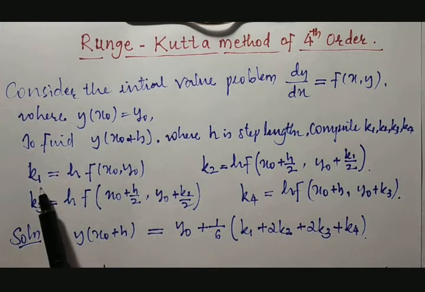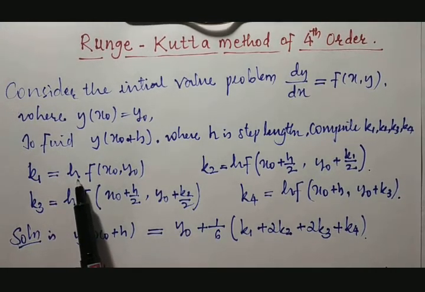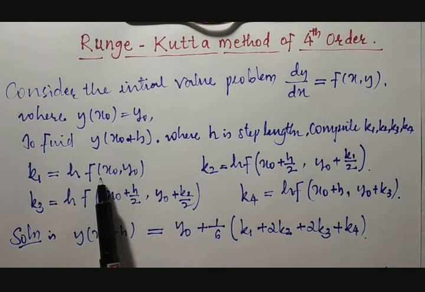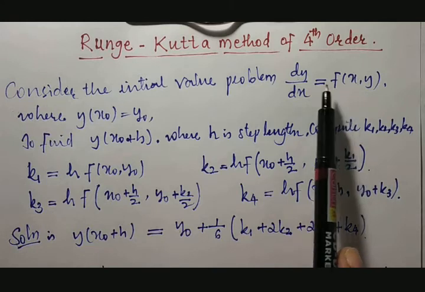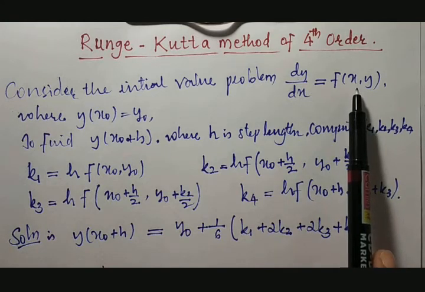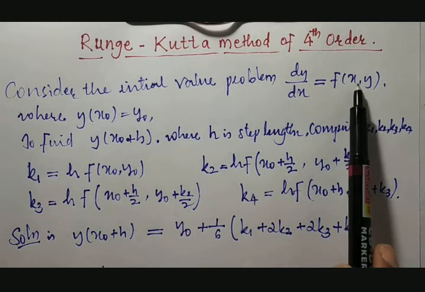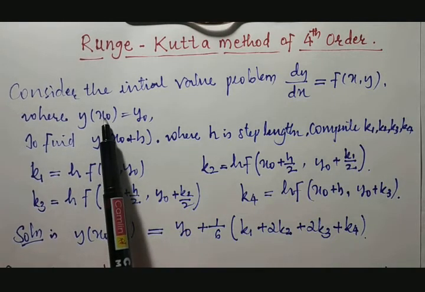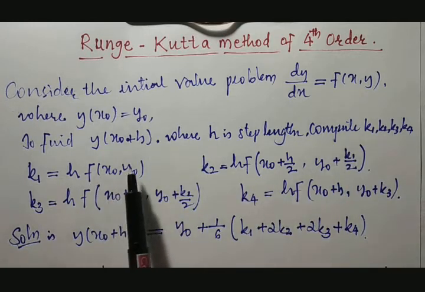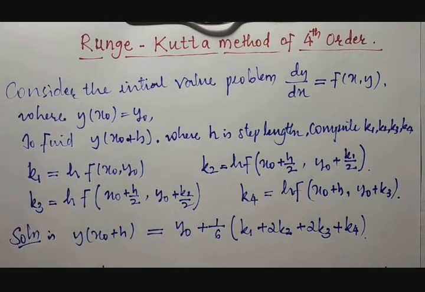So k1 will be obtained by using the relation h, which is nothing but the step length, into the function of x naught, y naught. Means the given dy by dx will be treated as f of x y. Here, by substituting the initial values x naught and y naught, we can obtain its functional value, and that will be multiplied by the step length, that will be k1.